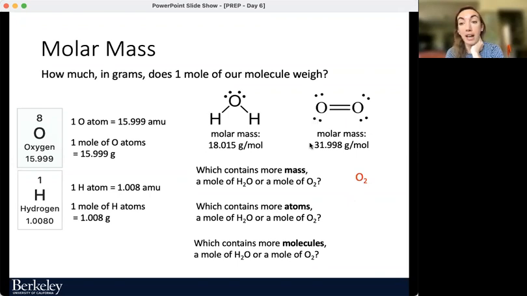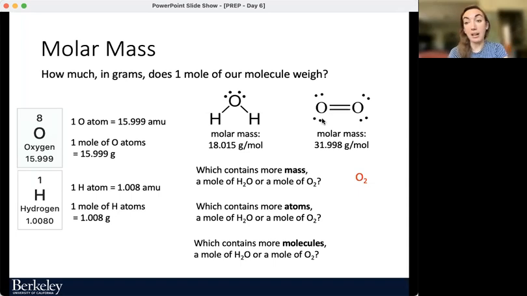Which contains more atoms, a mole of H2O or a mole of oxygen? Well, each H2O molecule has 3 atoms, and each O2 molecule has 2 atoms. So if I had 1 molecule of each, I have more atoms in H2O than in O2.